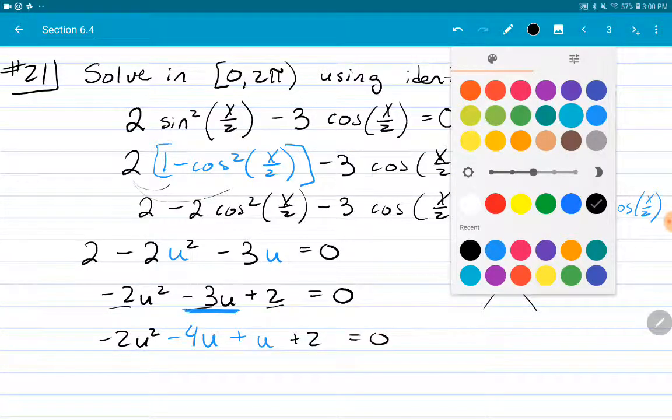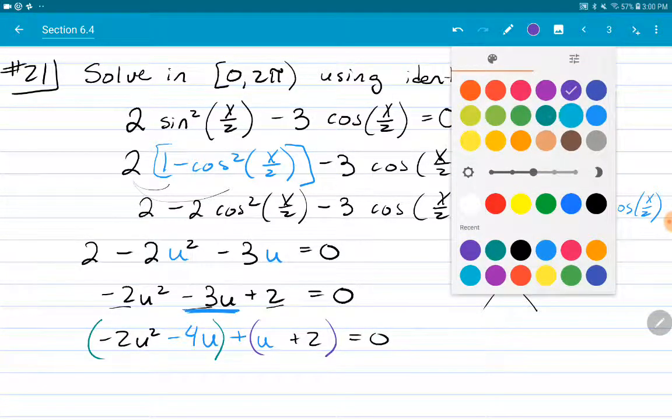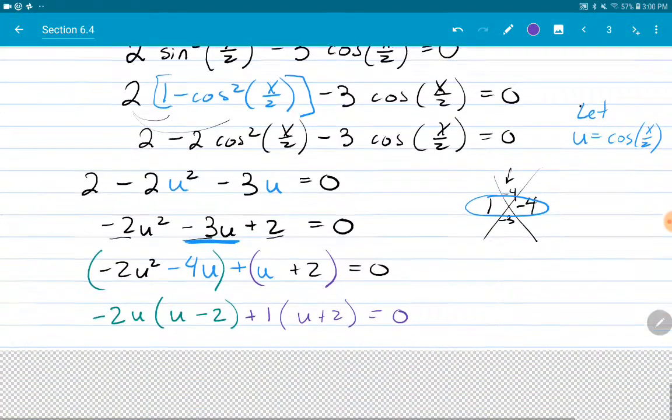And here is when I do the grouping. I'm going to group these two terms, and I'll group these two terms. In my green group, my GCF is a negative 2u, so I'm left with u minus 2. In the purple group, my GCF is just 1, so I can write a 1 out in front, u plus 2 equals 0.